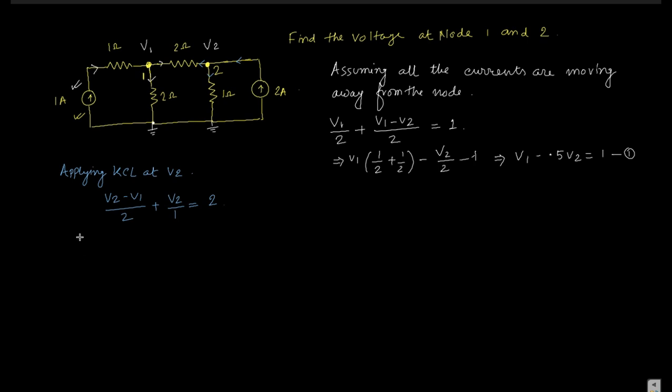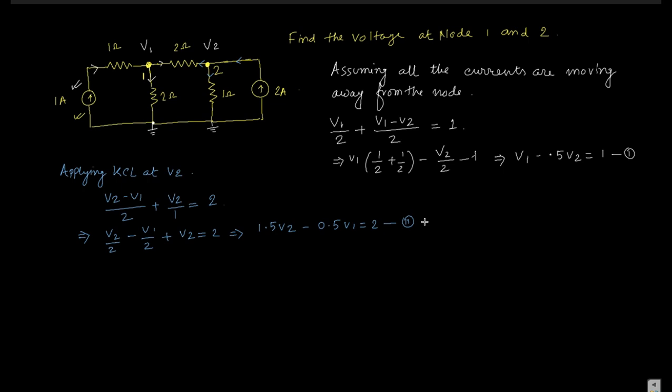So here V2 by 2 minus V1 by 2 plus V2 is equal to 2, or 1.5 V2 minus 0.5 V1 is equal to 2. This is equation number 2. Now you can solve these equations.